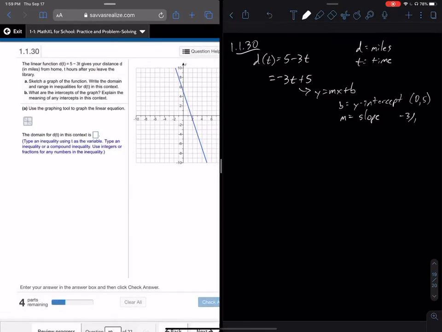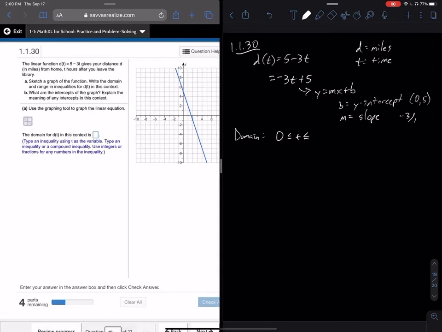So the domain for d of t in this context, now remember domain is our x values. So in this context, we're only looking from 0 because we're talking time. So let me write this over here. So my domain is going from 0, and they want this as an inequality using the variable t. And then what's the max amount of time we can look at?